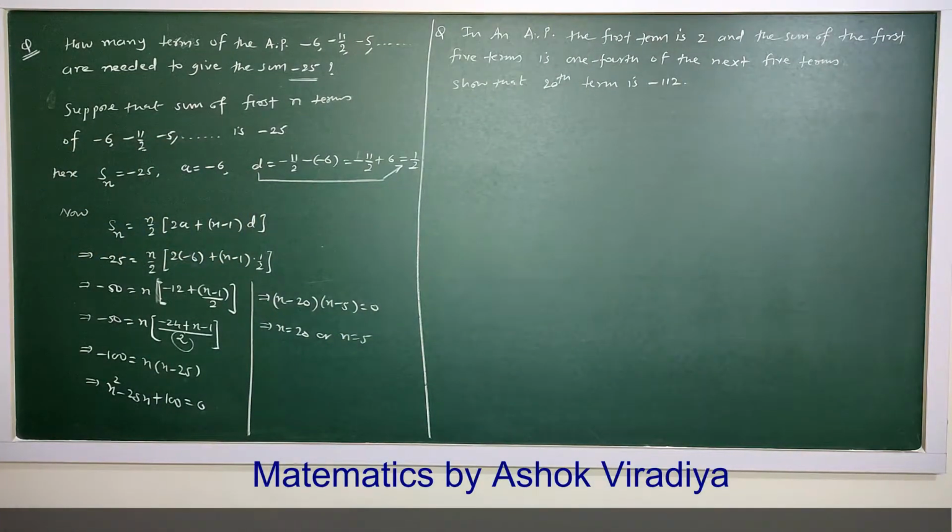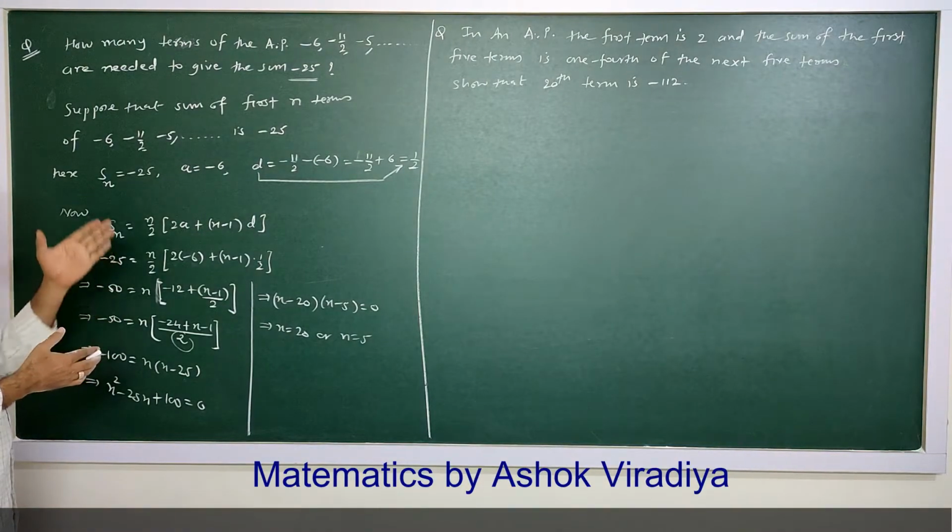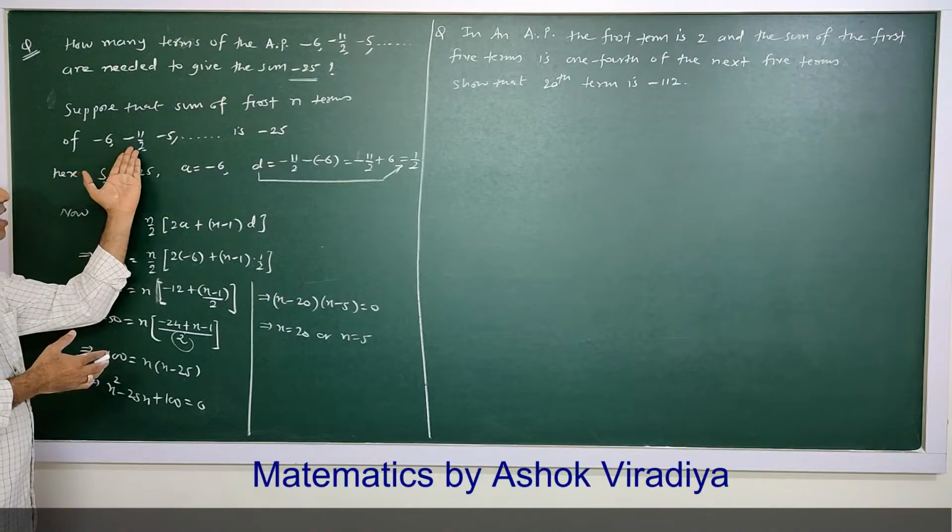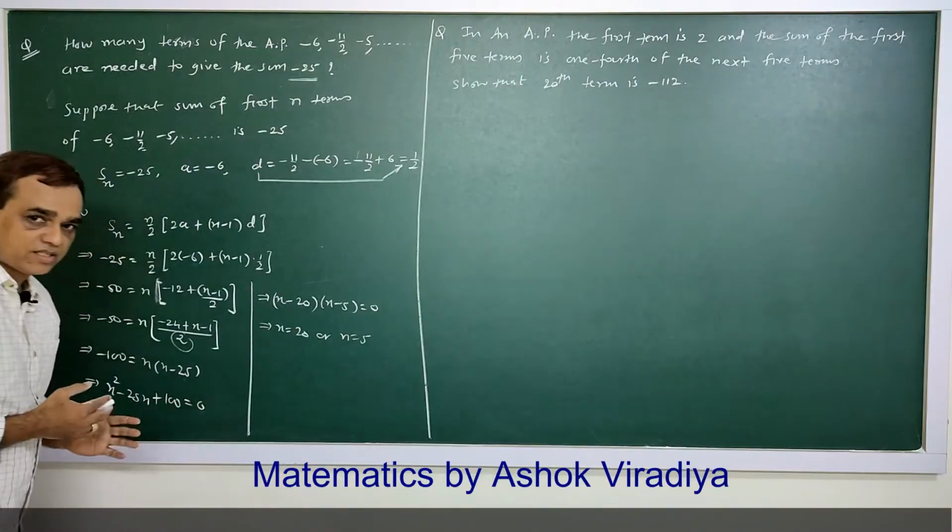So the sum of either the first 20 terms or the sum of the first 5 terms is minus 25. This is happening here because there are two possible answers.